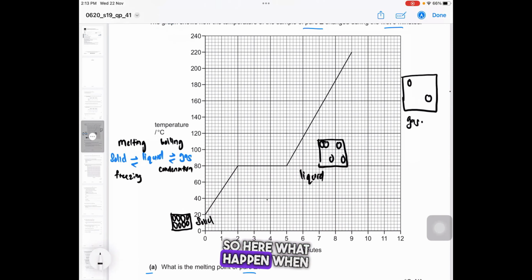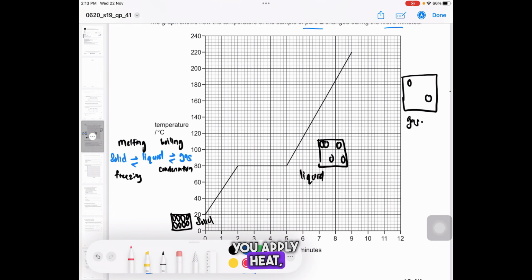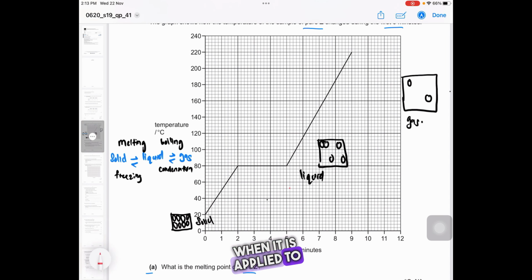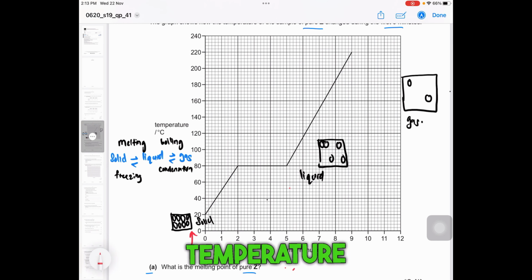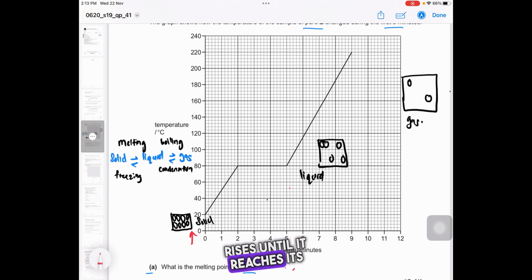So here, what happened when we apply heat? When heat is applied to a solid, the temperature rises until it reaches its melting point. So this is the melting point. Once the melting point is reached, you can see the temperature remains constant during a phase change, because the added heat energy is used to overcome the forces holding the particles together rather than increasing the kinetic energy of the particles.